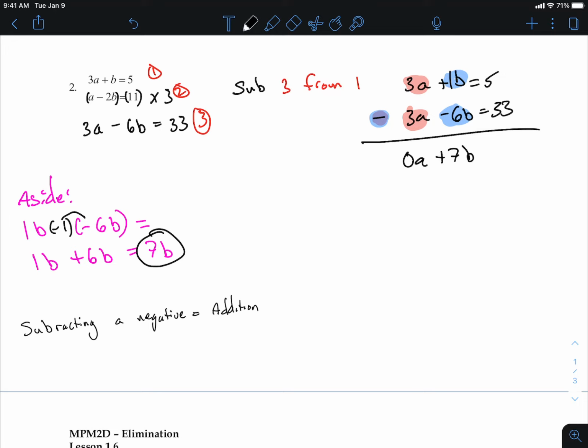What's 5 take away 33? Negative 28. Thank you. Okay, so you just get 7b is equal to negative 28. Divide both sides by 7. Well, the 7's cancel. B is equal to, what's negative 28 divided by 7? Negative 4. Good.